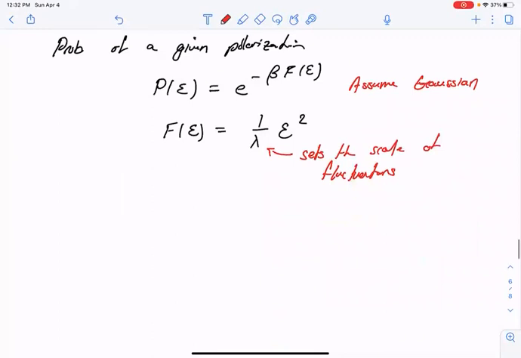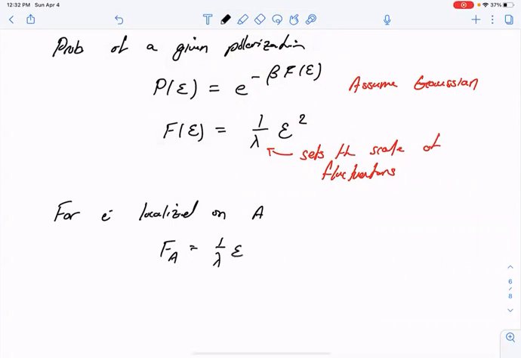So for an electron localized on site A, we have our unperturbed Gaussian distribution of the polarizations plus some polarization oriented in the A direction plus some energetic offset.